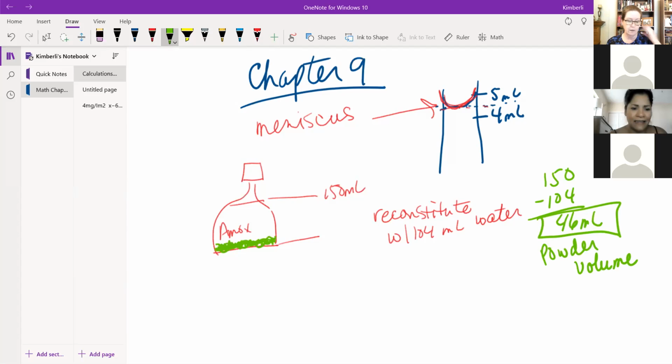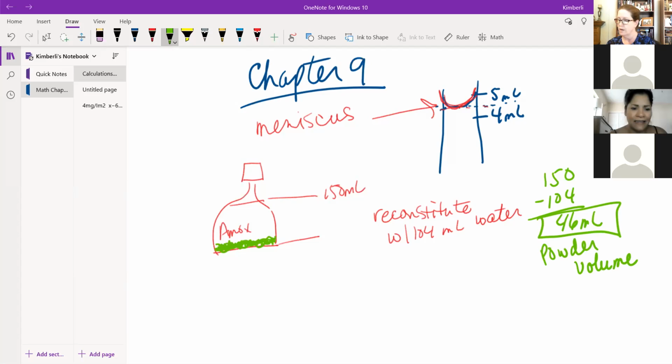All right, does that make sense? Yes. Okay, good. Now, reconstitution is the process of adding fluids such as distilled water to a powder or crystalline form of medication to make a specific liquid dosage strength. Because if I add more water, it's going to be a lot weaker, isn't it? Yes.